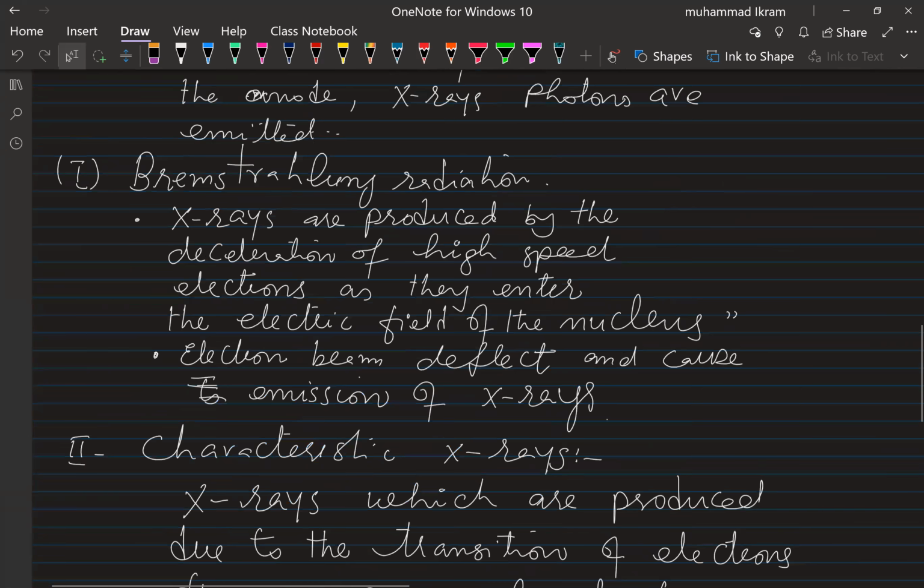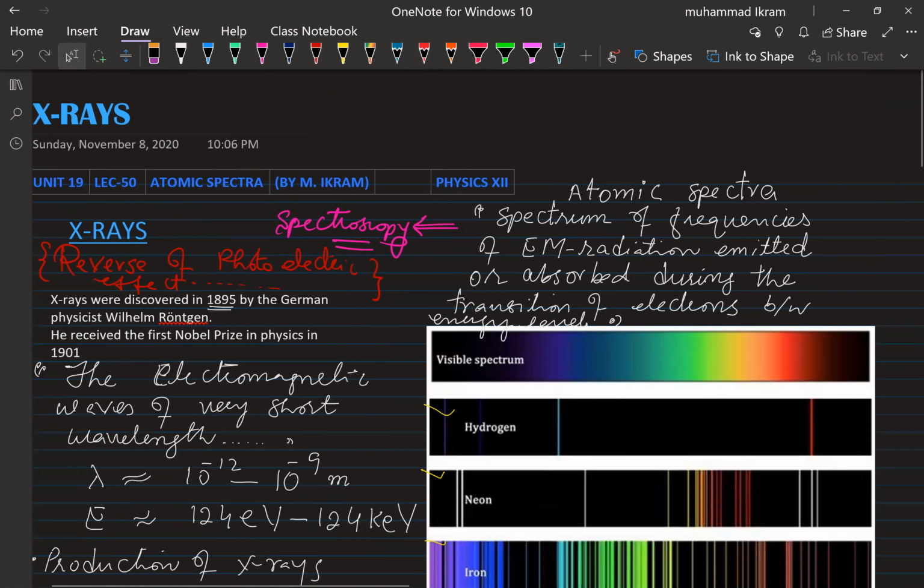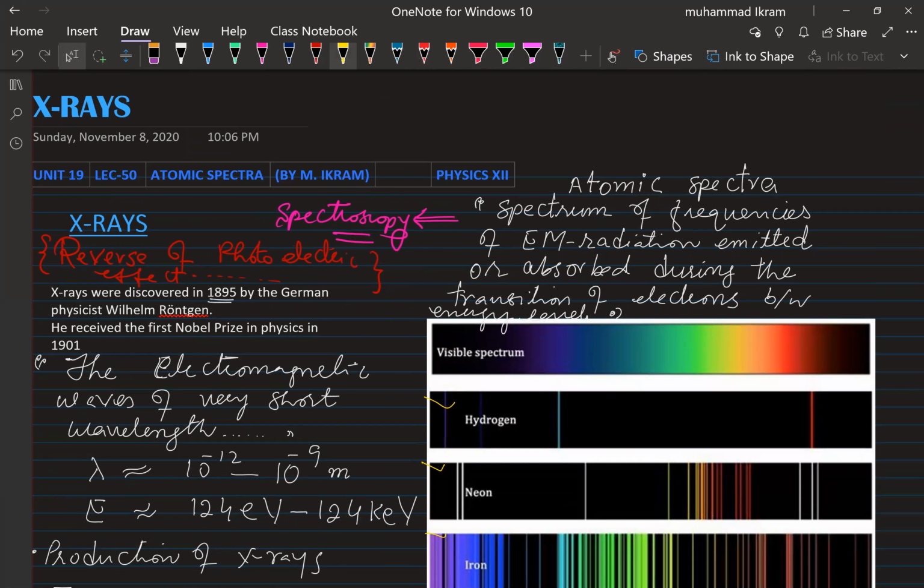One important point which I would like to tell you, one bigger drawback, and I want to place it right on the top: this process of the production of X-rays produces only 1% X-rays and 99% heat.